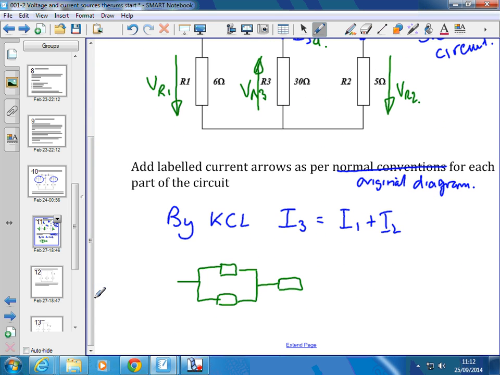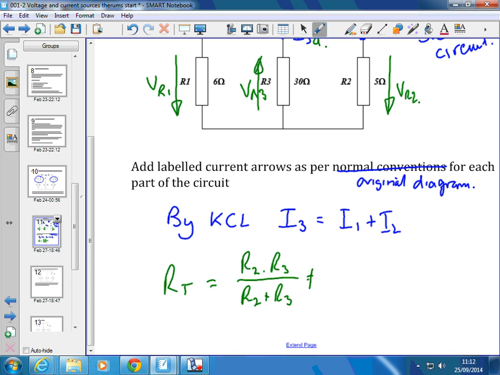So in one go, we can calculate RT. If we do product over sum for the parallel bit, R2 R3 divided by R2 plus R3, and then add on the R1, we can do all that in one go.